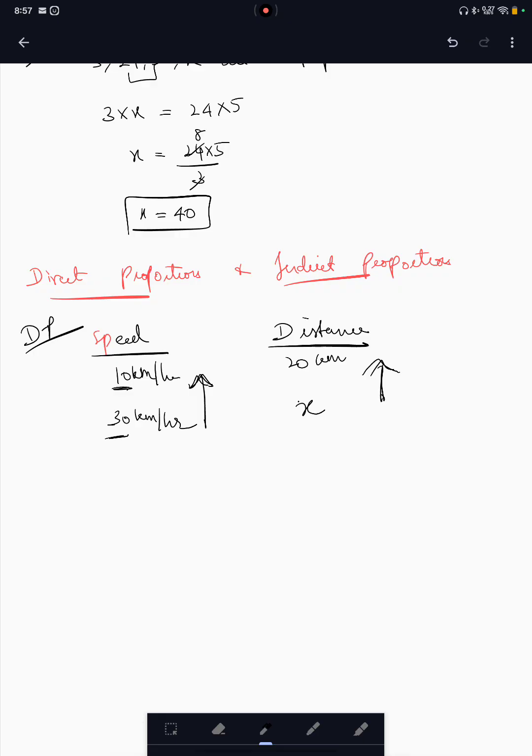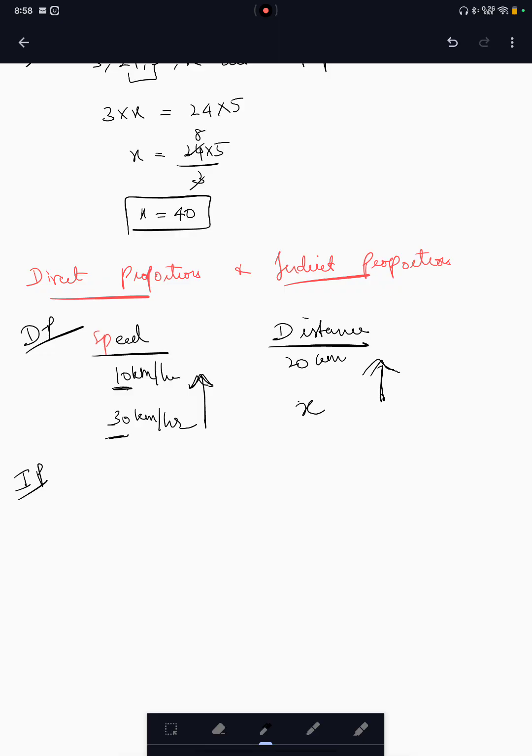Obviously you know what indirect proportion is: one arrow mark will be up and the other will be down. I will tell you another example. Inverse proportion is IP. Inverse proportion or indirect proportion, whatever you call it, is the same.